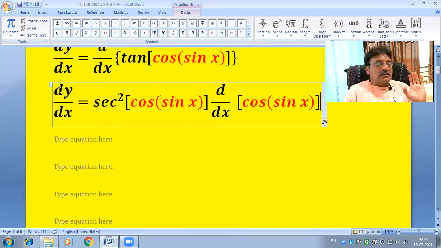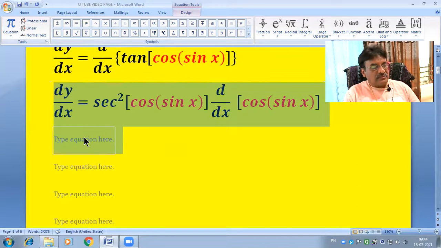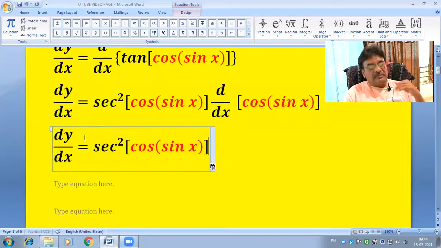Therefore, dy by dx equals sec square cos of sin x as it is, into d/dx of cos of sin x.